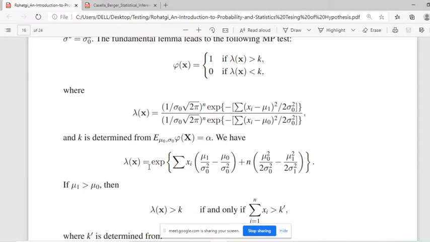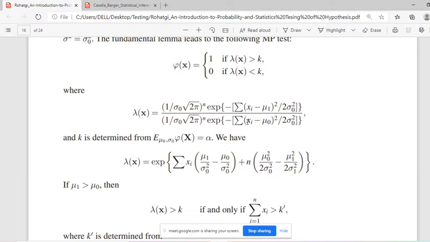So what is lambda x? Lambda x is equal to this one. That can be simplified like this. You can take the expectation. We can expand this one: xi minus mu1 square is xi square plus mu1 square minus 2 xi mu1, divided by 2 sigma.